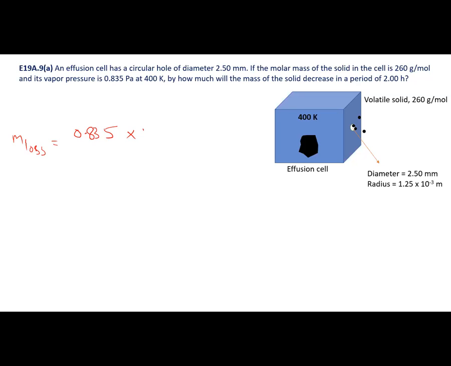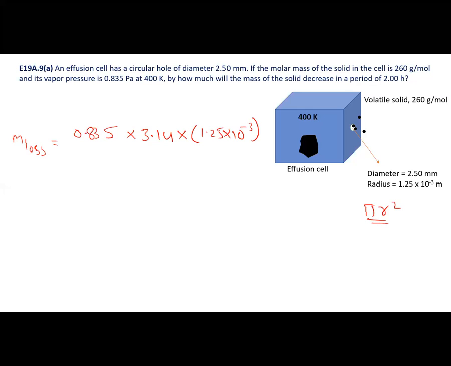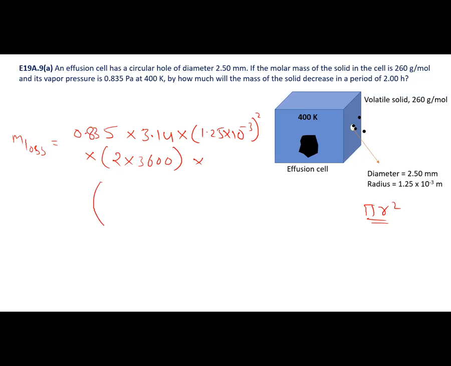Area of this hole is nothing but pi r squared, so I will write that instead of calculating it separately: 3.14 times (1.25 times 10 to the power negative 3) squared, times the time, which is given as 2 hours, but I need to convert that into seconds: 2 times 3,600 seconds.